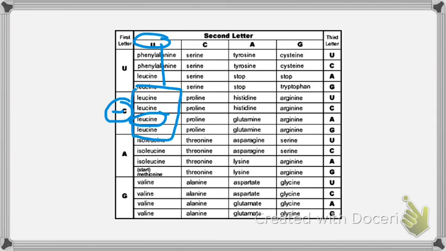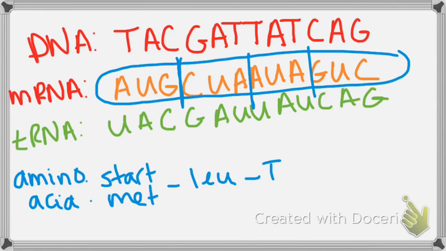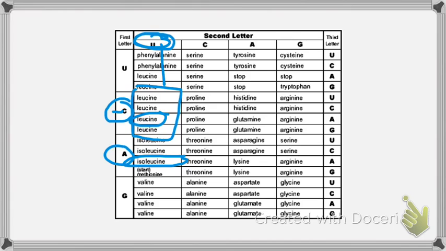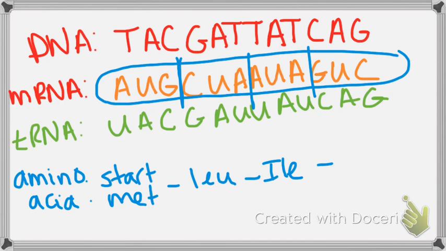Then we have A, U, A, which would be isoleucine, abbreviated ILE. And then we have GUC. So we have G, U in this column, and C, which would be valine, as our amino acid sequence.